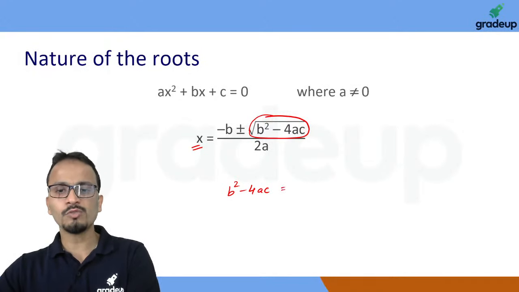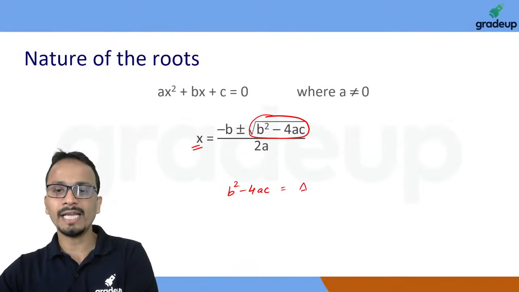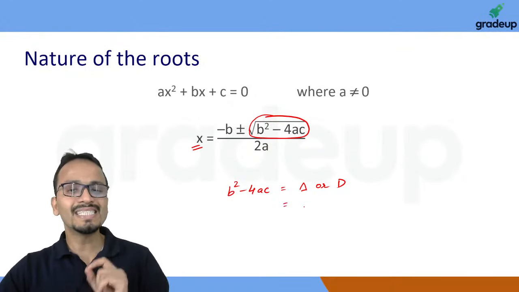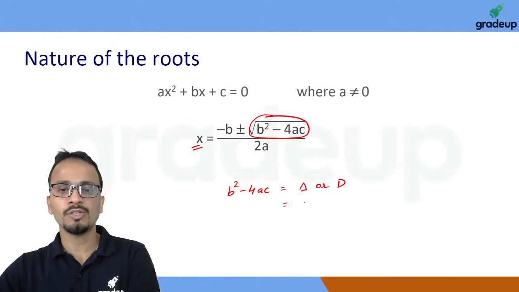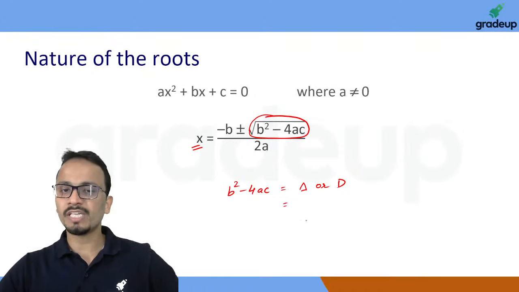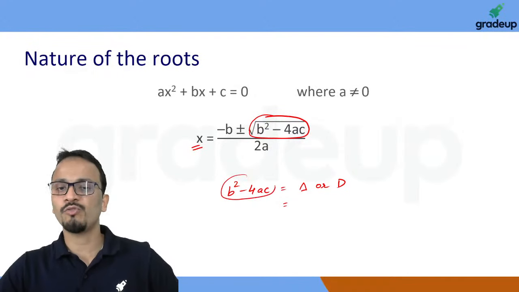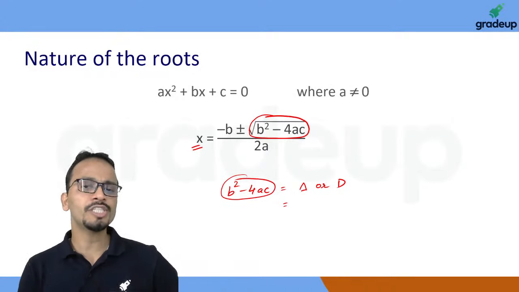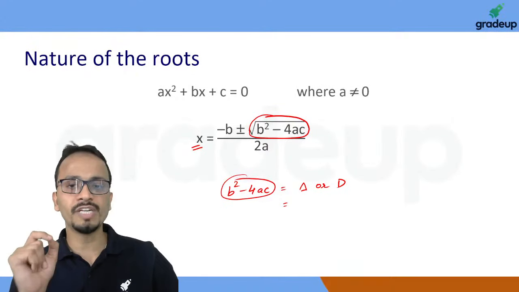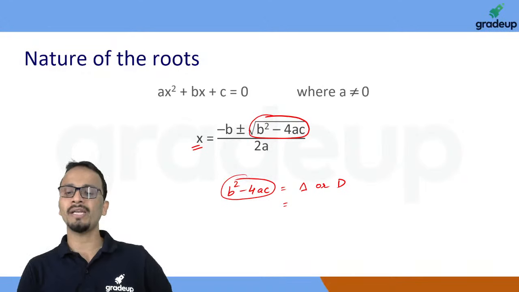This value is represented as delta or capital D, and this is called the discriminant. If you have heard of this name, discriminant. So here the value of the discriminant is b square minus 4ac. Again, I'll repeat, the nature of the roots of a quadratic equation depends on the value of the discriminant, which is b square minus 4ac.